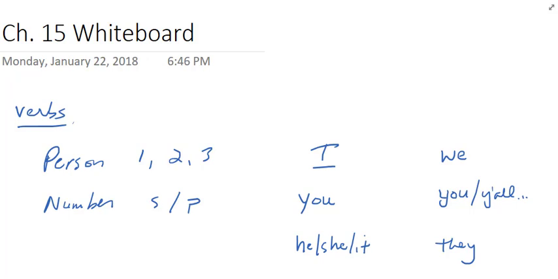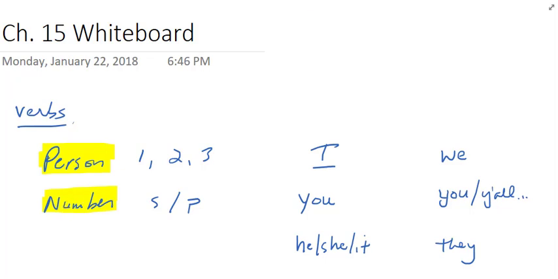So first things first, when we talk about verbs, verbs can be characterized in terms of a number of features, two of which are the notions of person and number. Now, this can be a bit confusing because person refers to first, second, or third person, but then the word number, well, we might think that 1, 2, and 3 should apply to that as well because 1, 2, and 3 are in fact numbers, aren't they?